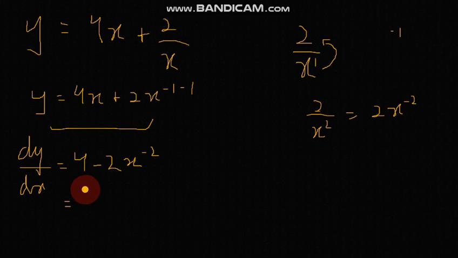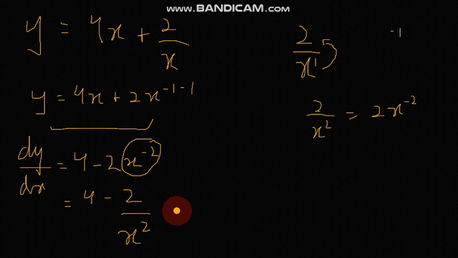So our final answer would be 4 minus 2, and we will bring this x with power minus 2 below, like the way it was written earlier. So this will become 4 minus 2 over x squared. So this is our final answer. Okay, so if you still haven't understood it, let's try some other equations.